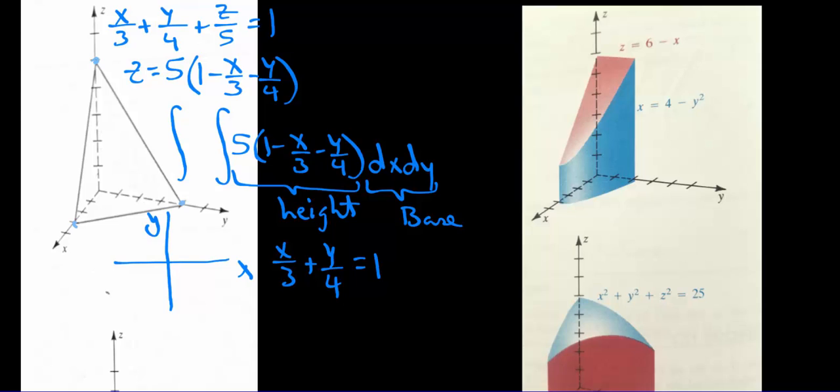I just zeroed out z because I'm down here on the plane. Now let's see what we've got. We've got a line that looks like this. It crosses here at 4 and up here at 3. No, I got that backwards, didn't I? It crosses here at 3 and up here at 4.